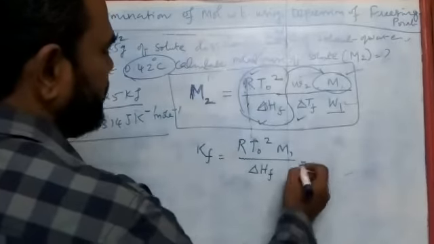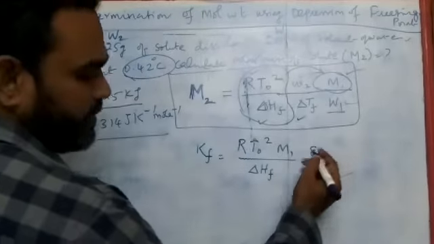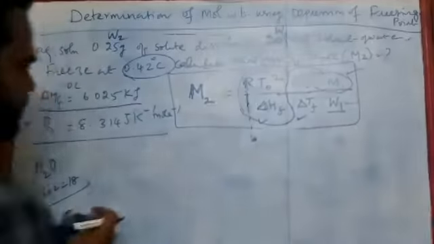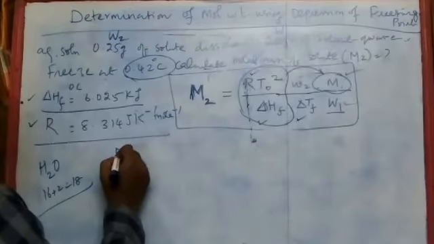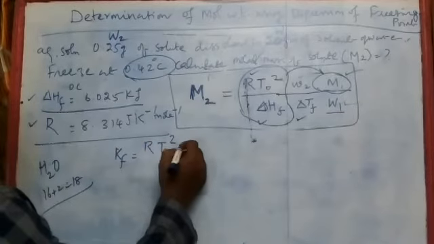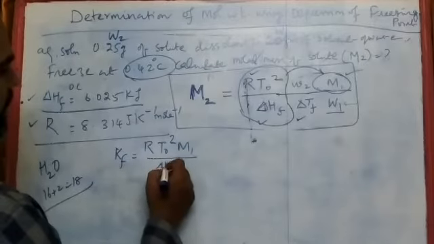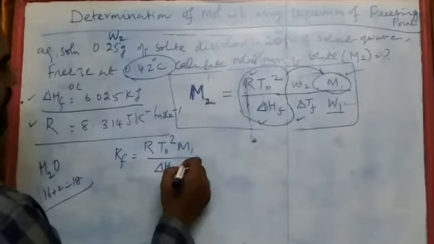So what is R? R is the gas constant, which is 8.314 joules per Kelvin per mole. Kf is equal to R T0 squared into M1 whole divided by delta HF.